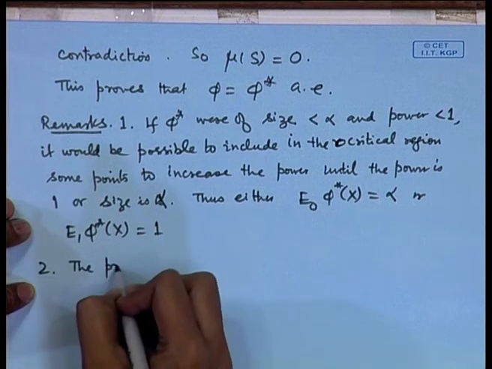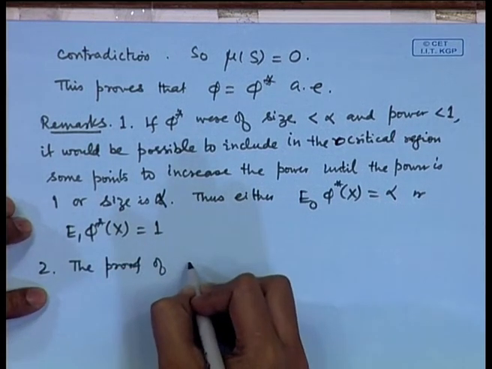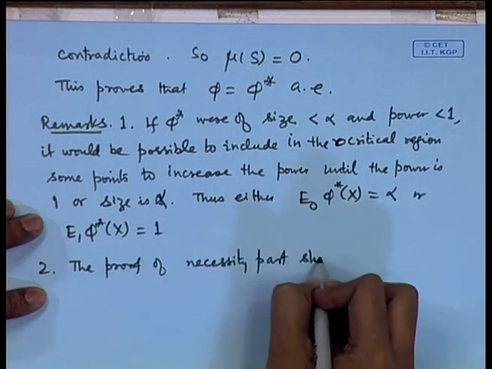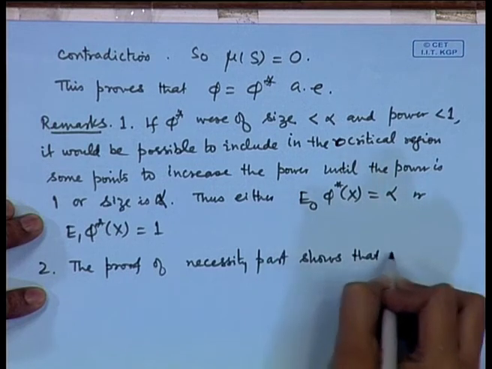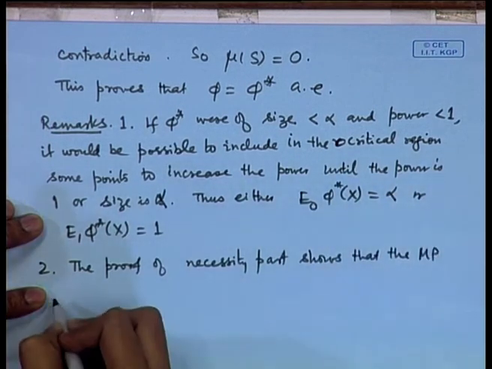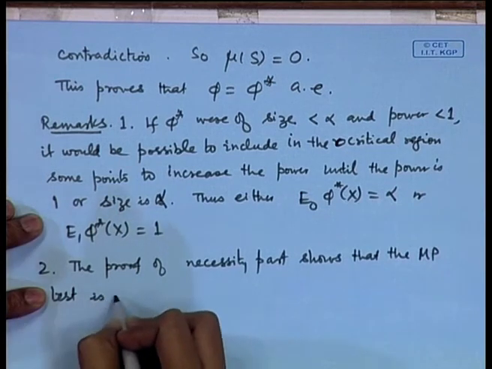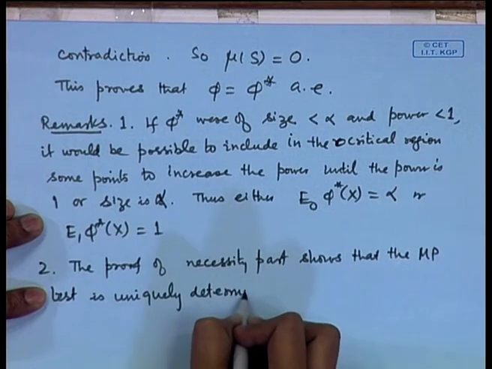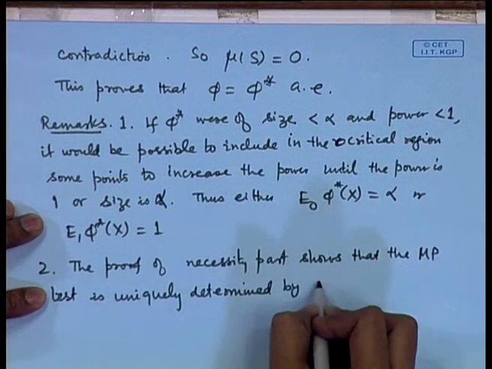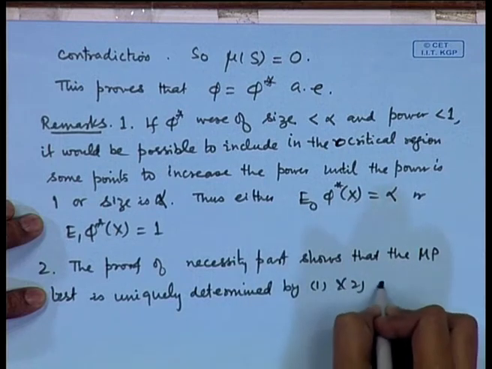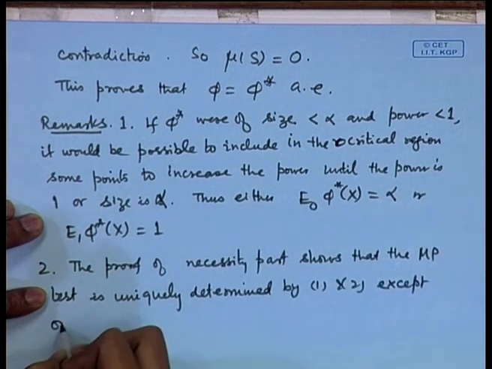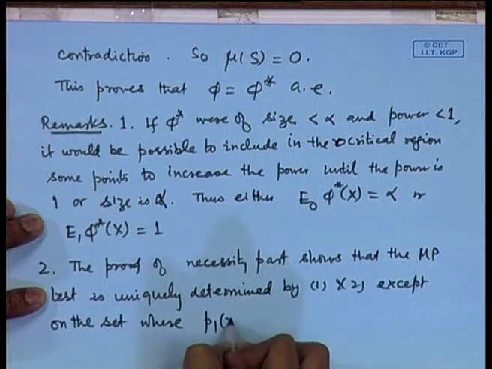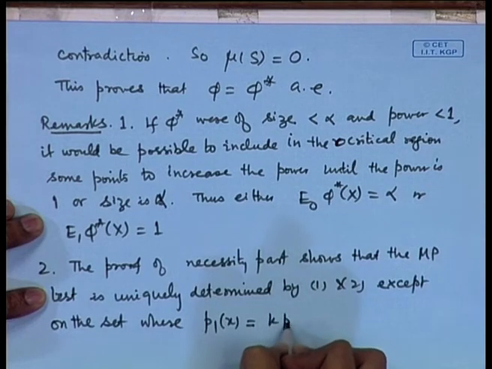The proof of necessity part shows that the most powerful test is uniquely determined by 1 and 2, except on the set where P 1 x is actually equal to k P naught x.